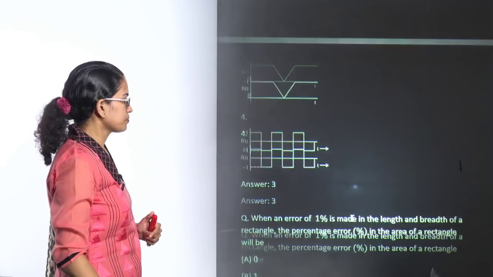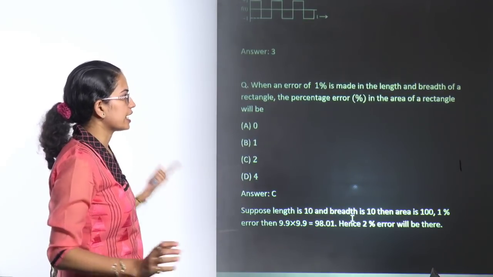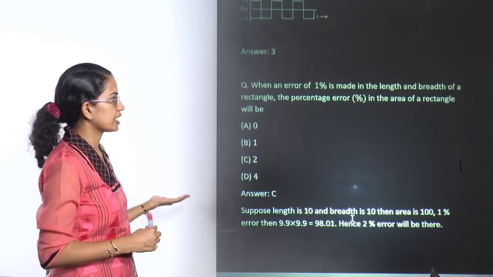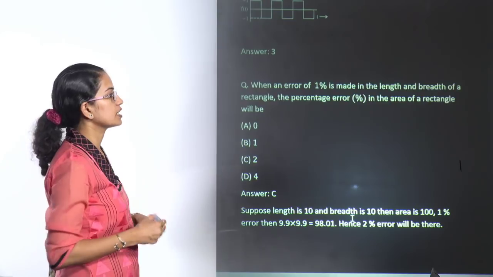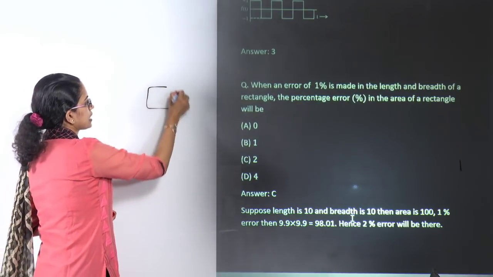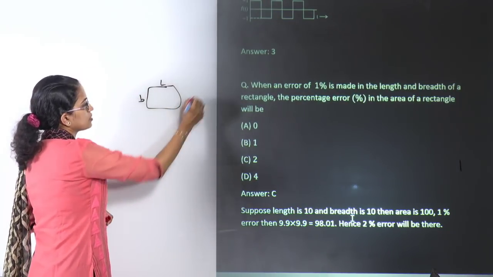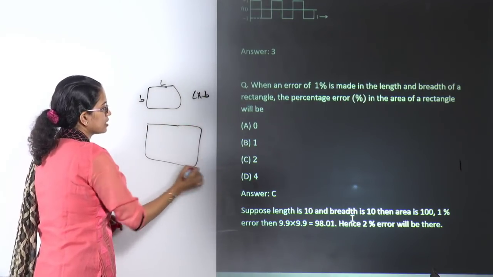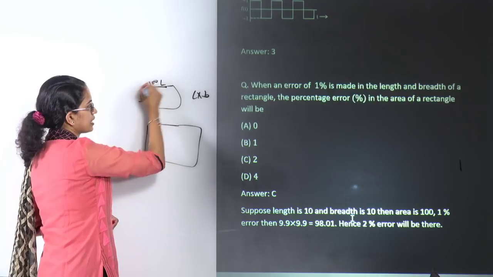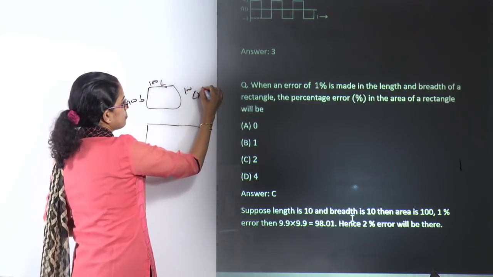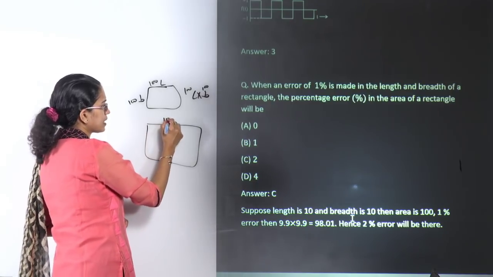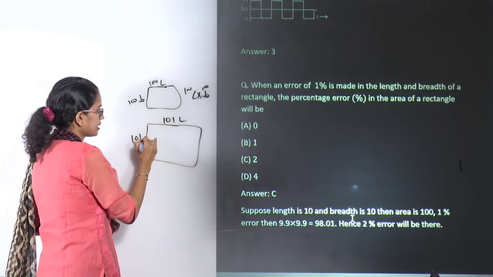The next question, this question is again on the error. So there is 1% error in the length and 1% in the breadth of a rectangle. What is the percentage error in the area of the rectangle? So let's say in the first case it's L and B. So the area of the rectangle is L into B. In the second case, let's say this was 100 and 100. So 100L multiplied by 100B. Here it becomes 101L and 101B.